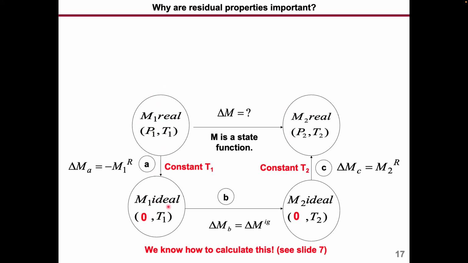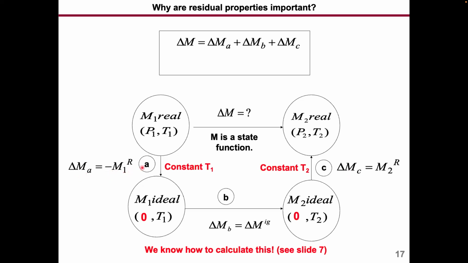Then you maintain the ideal gas state and heat the system up to T2 at pressure equal to zero, so this is still an ideal state, and this is the change between two ideal gas states. Once you change to T2, you bring the pressure back up to P2 to achieve the real gas behavior. So your delta M by going through this is going to be delta MA plus delta MB plus delta MC.